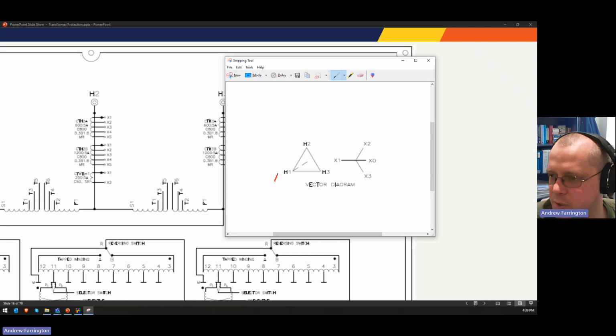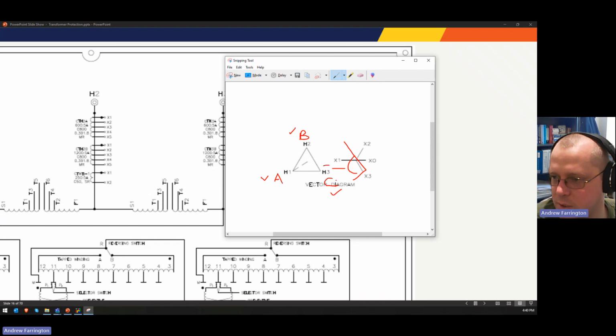So if you connect this A, B, C, or 1, 2, 3, whatever the convention your particular client or utility is using. Again, if we have our eye over here watching this rotate, you're going to see A, and then B, and then C. But that really depends on where you start, right?